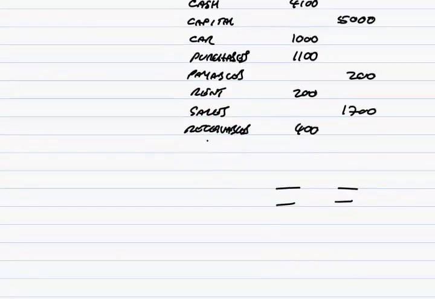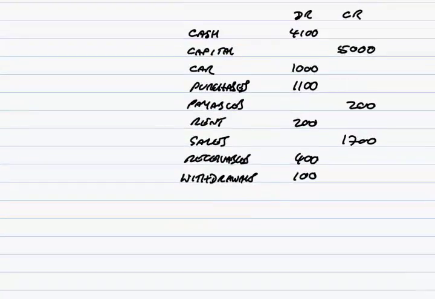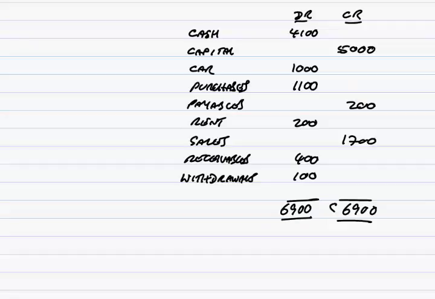And finally withdrawals 100. Let's add the two columns up. The debit column, I think 6,900, and the credit column 6,900.